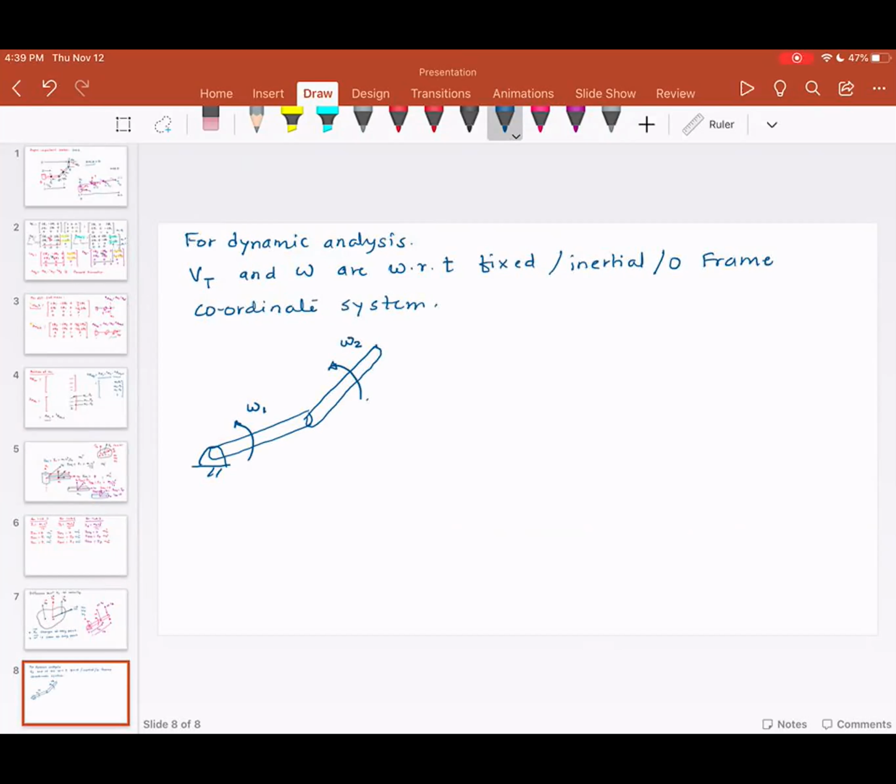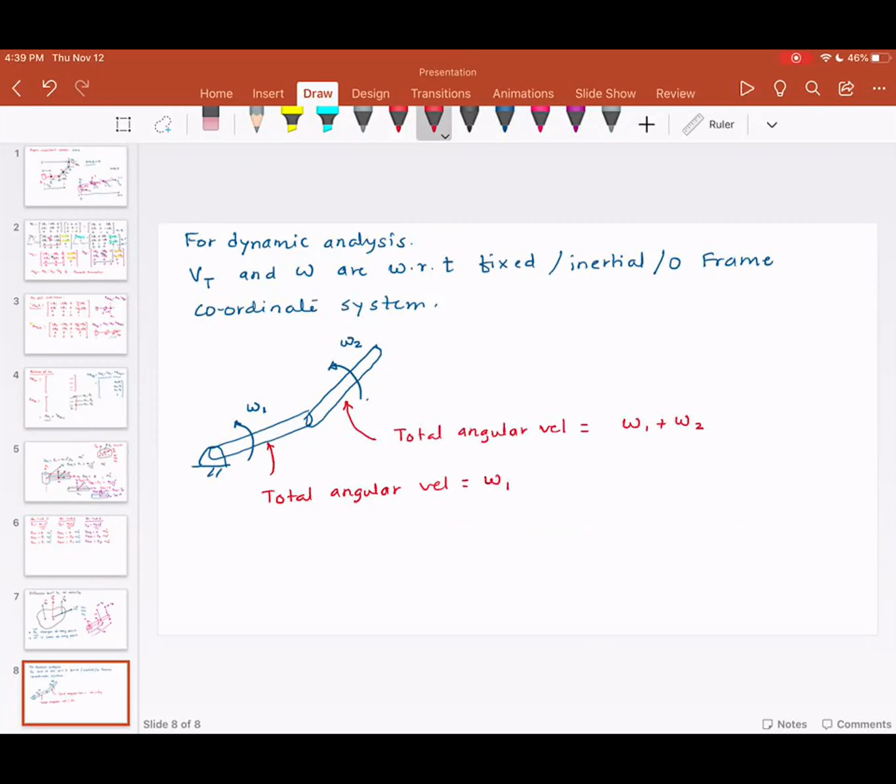So omega 2 is with respect to omega 1, which means if you look at the total angular velocity, it is nothing but omega 1 plus omega 2. If you look at the angular velocity of this guy, total angular velocity is equal to omega 1. So that is super important.